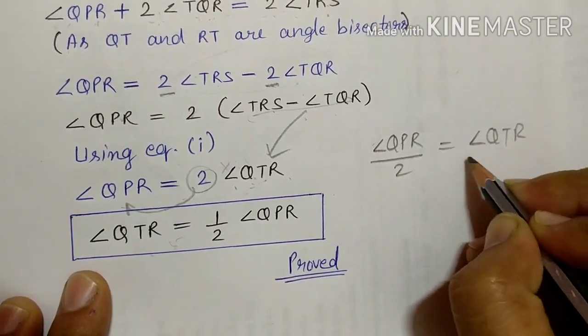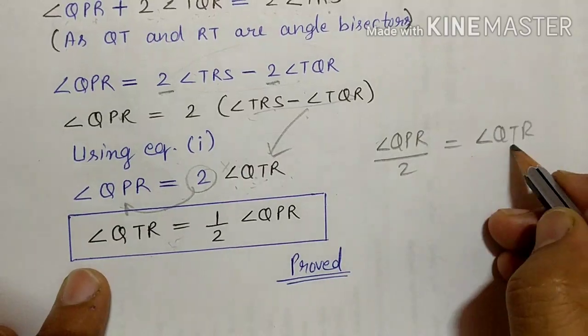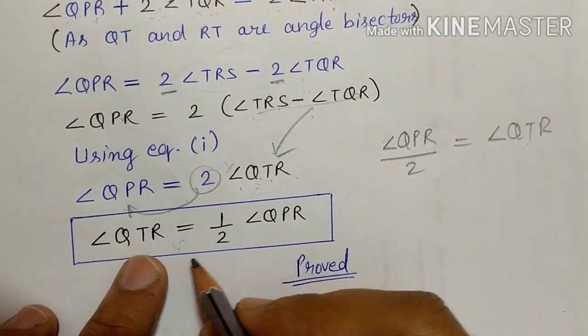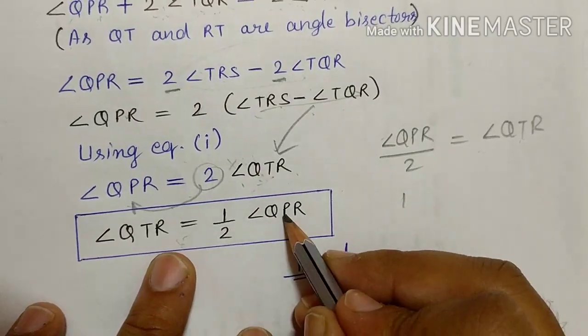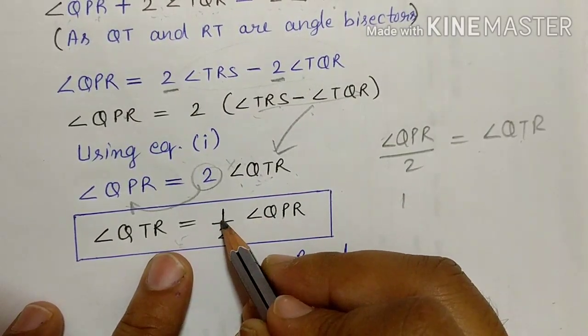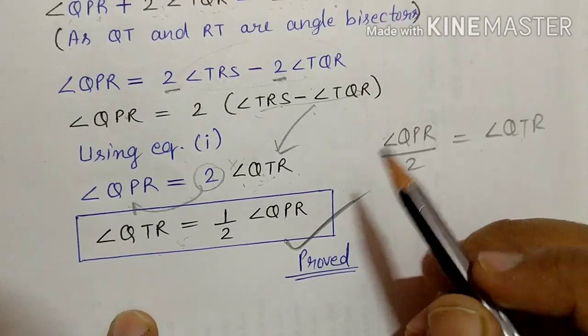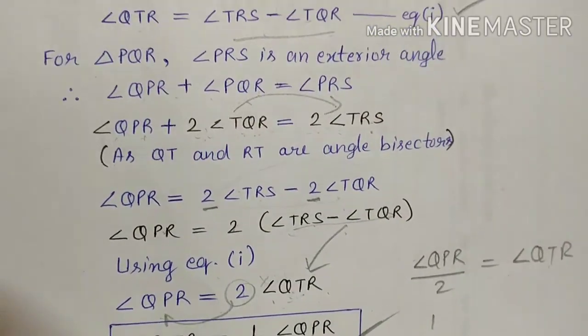Or I can write this as QTR equals half of angle QPR. This thing only I had to prove. So in this way I have proved question number 6.